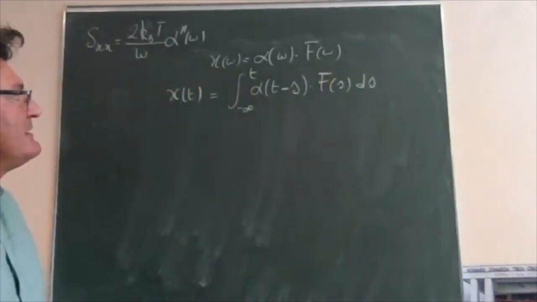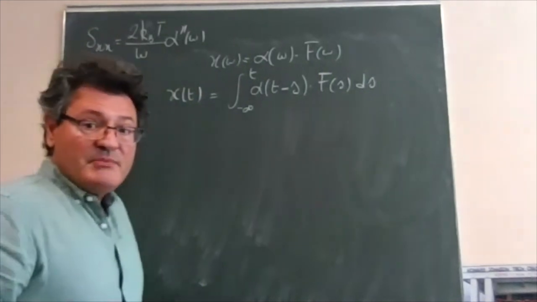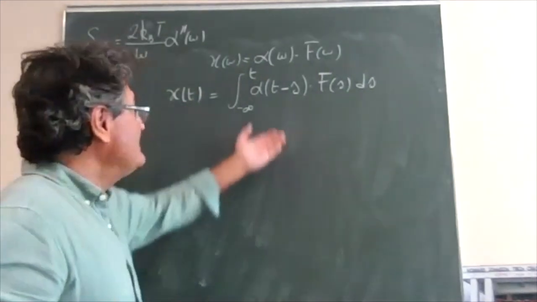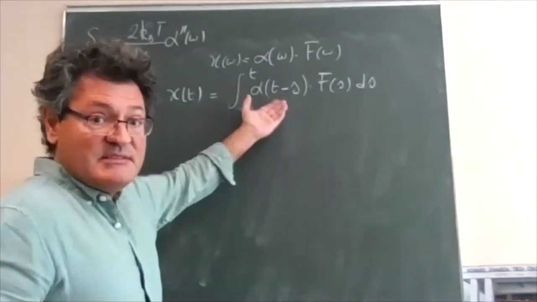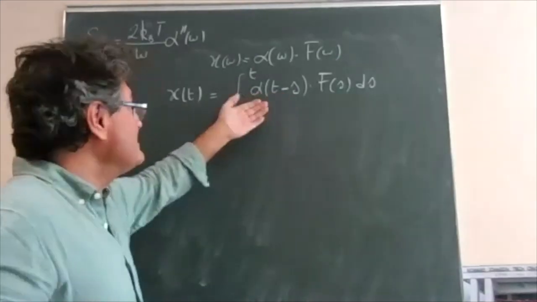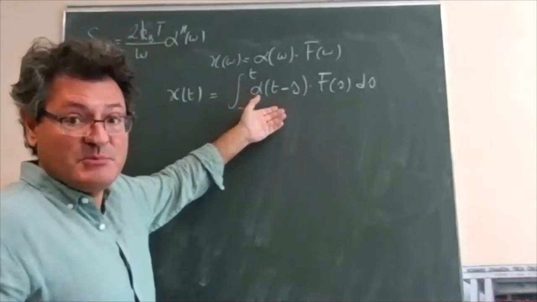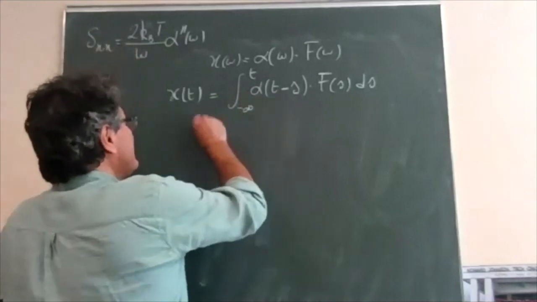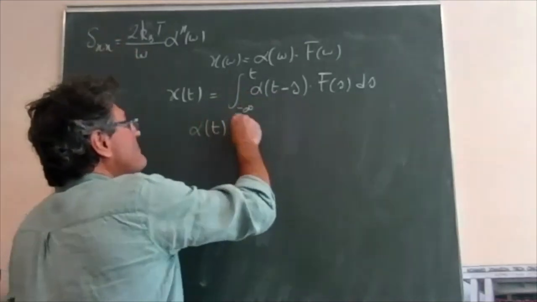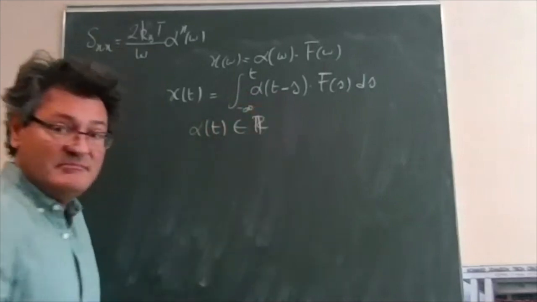So one requirement that is kind of strong is that this function, which is called the impulse response of the system, alpha of t, must be real.